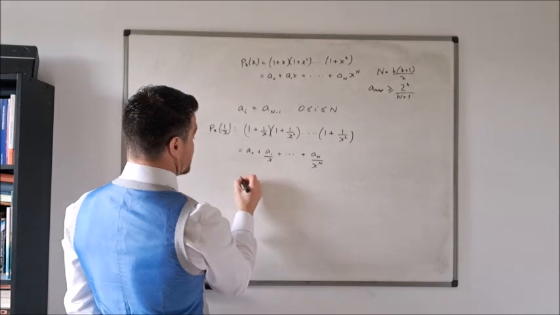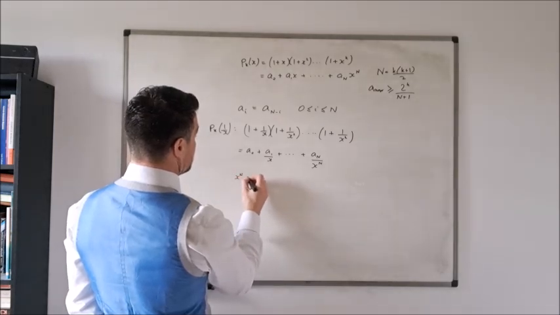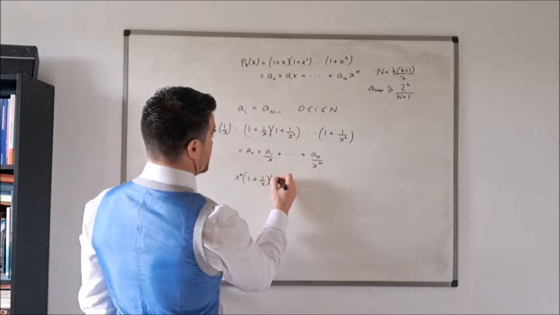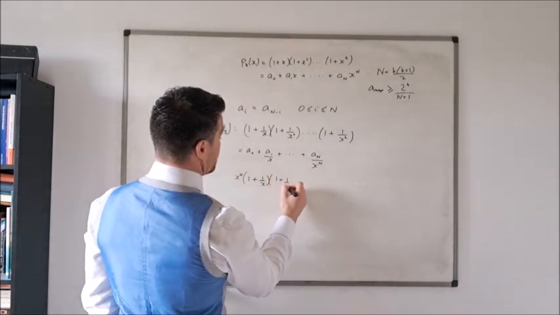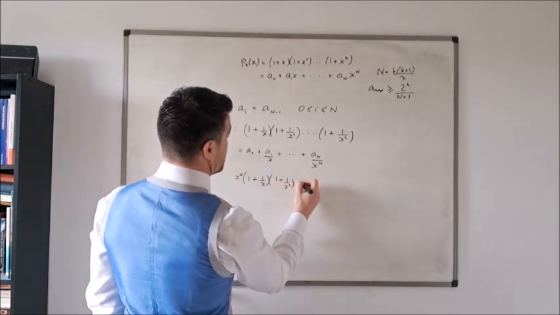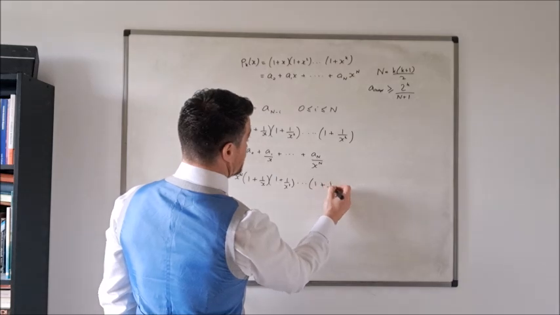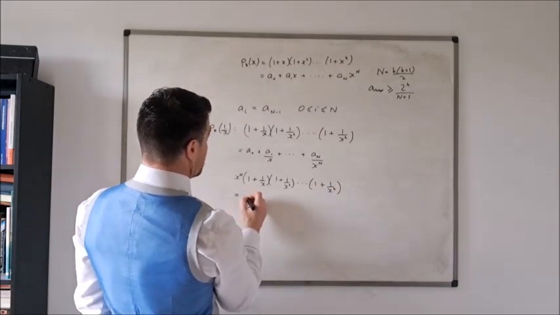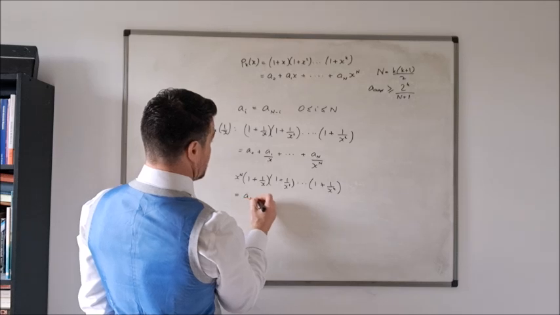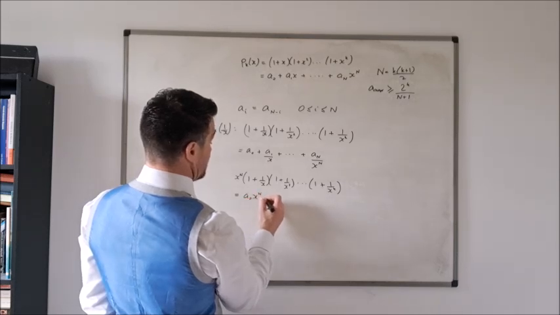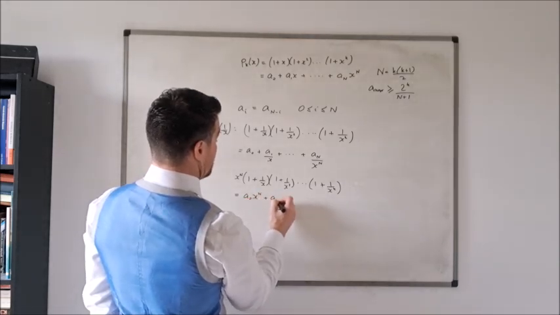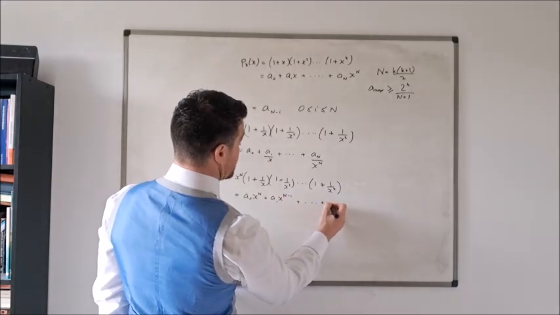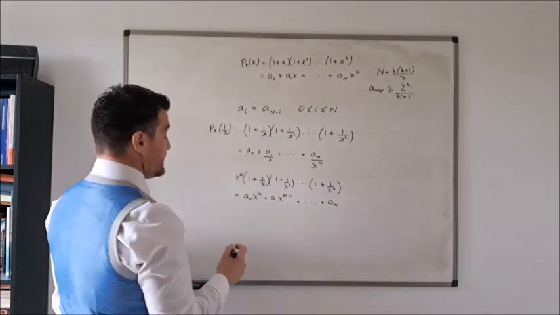So we get x to the power of n times 1 plus 1 over x times 1 plus 1 over x squared, up to 1 plus 1 over x to the power of k, is equal to a naught x to the power of n plus a1 x to the power of n minus 1 all the way down to a n.